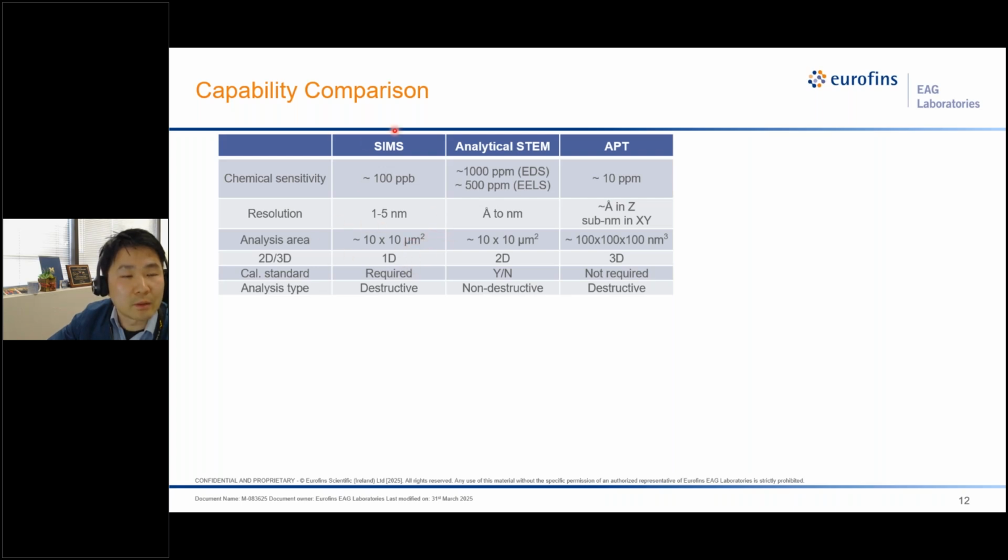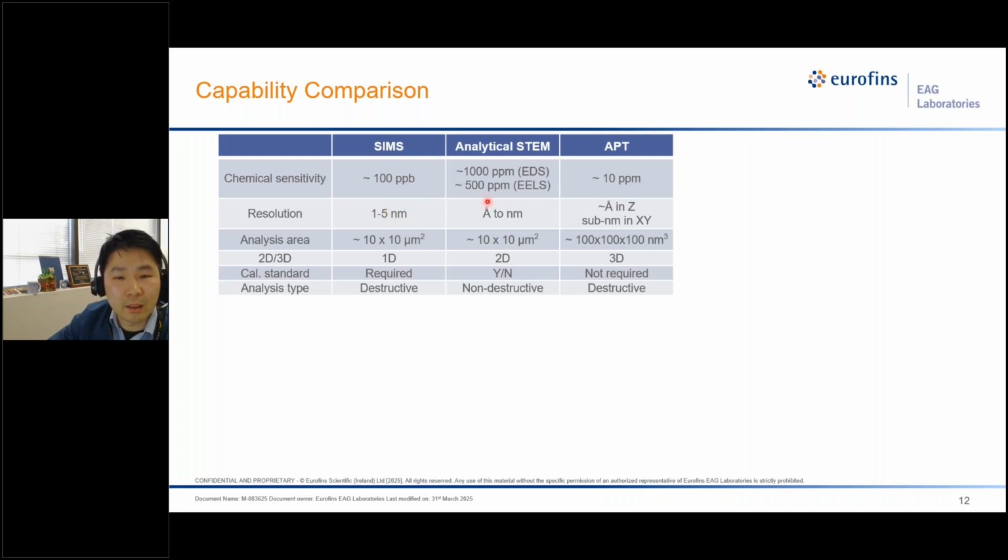SIMS relies on the bombardment of a primary beam to generate a secondary beam, and it is initially a one-dimensional technique that requires calibration standards to achieve quantitative measurement. And as mentioned, it's also a destructive analysis.